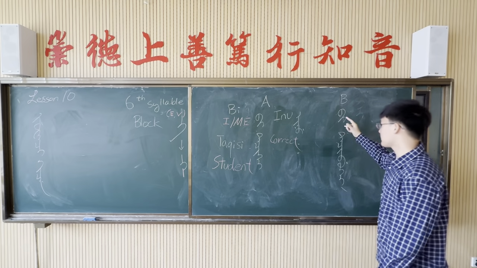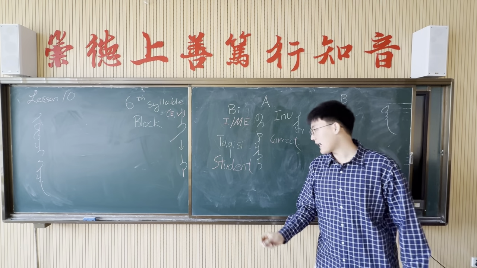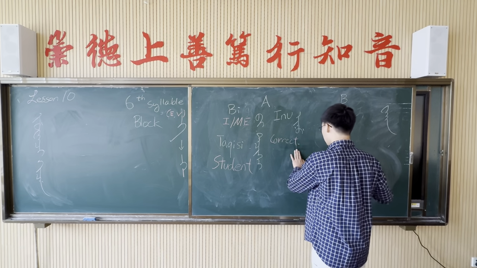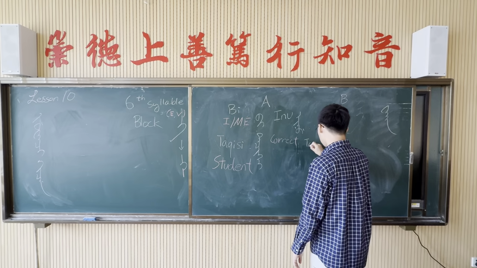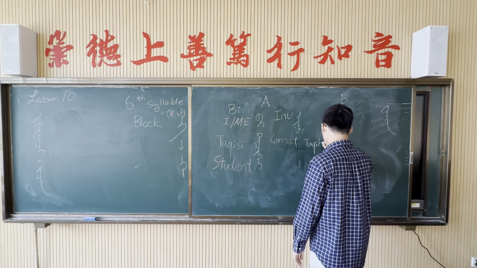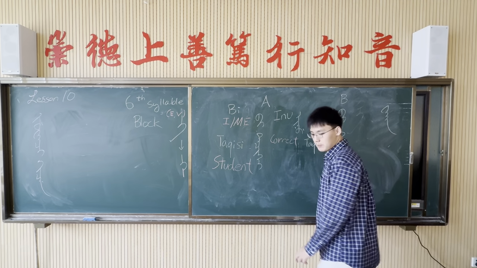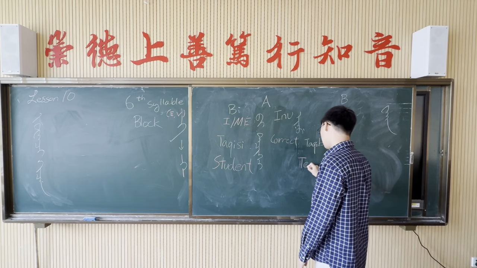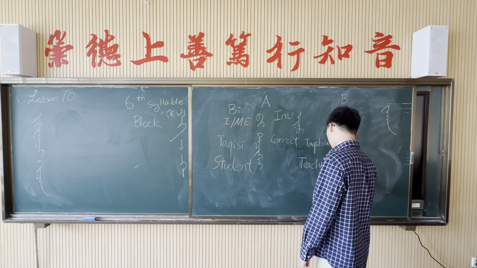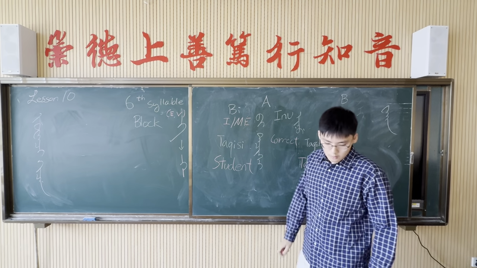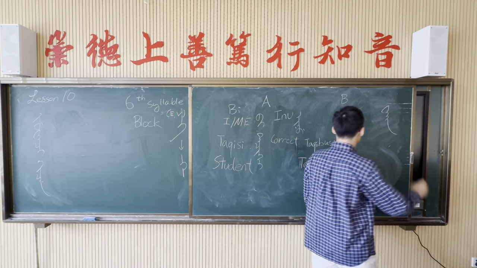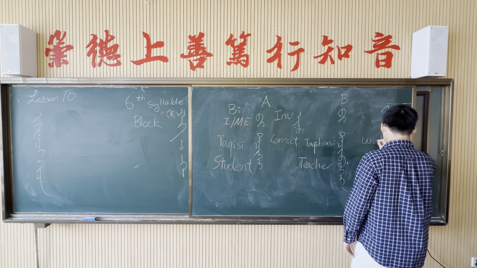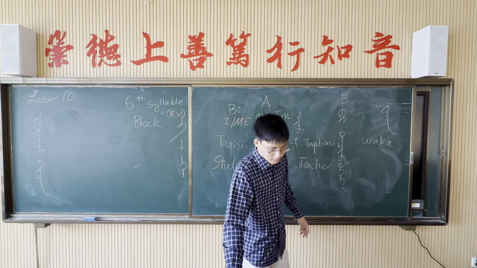So again, B means I or me, and 같이 보시 means, okay, let's write it here. 같이 보시 means teacher. 와카 means wrong. 와카, wrong.